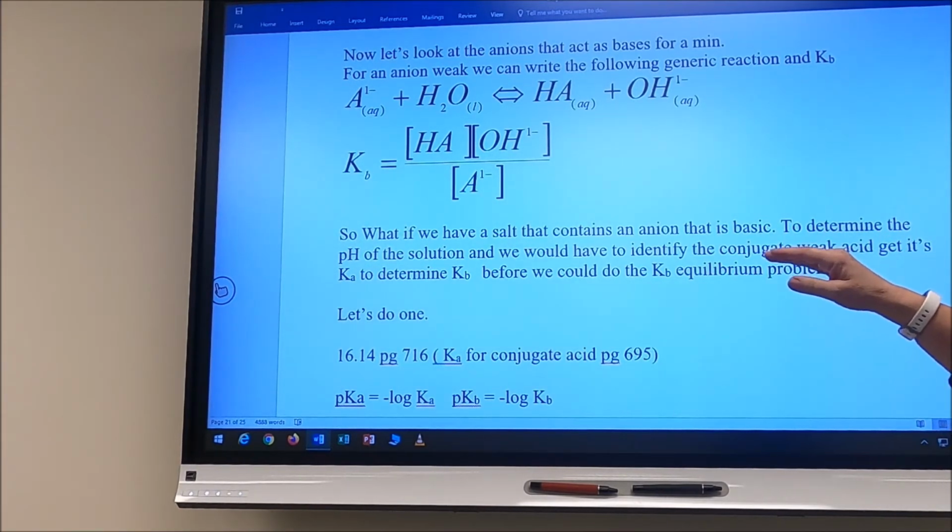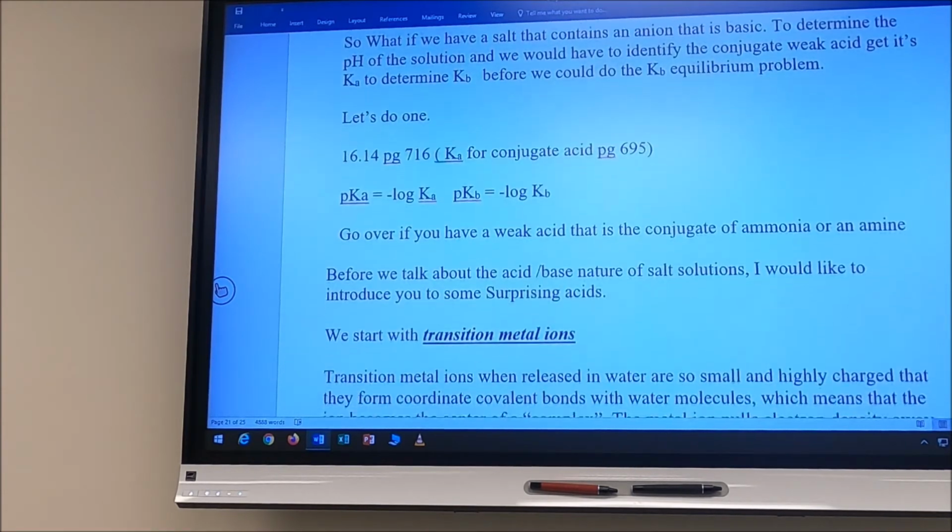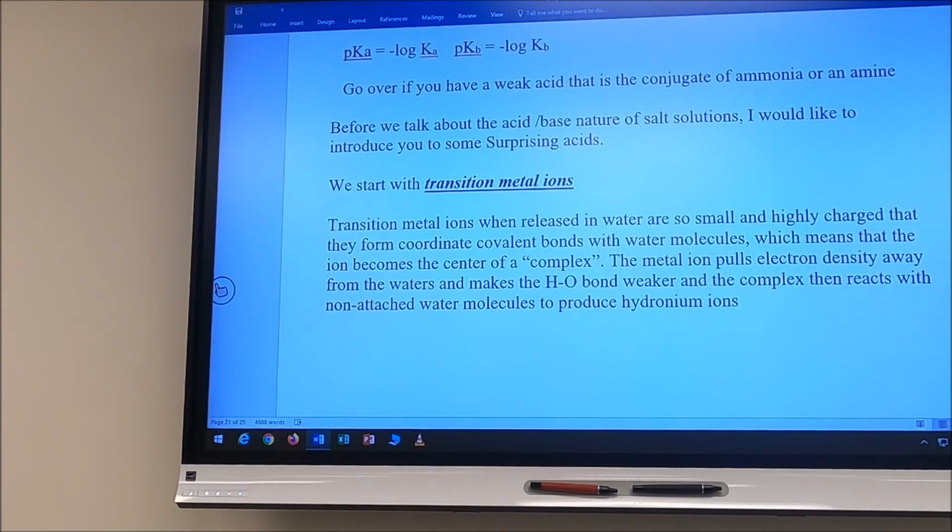You're probably going to find the Ka for the weak acid, in your book on page 695, and you're going to have to use that to get the Kb. Remember, Ka times Kb has to equal Kw, and pKa is just the negative log of Ka, and pKb is the negative log of Kb.